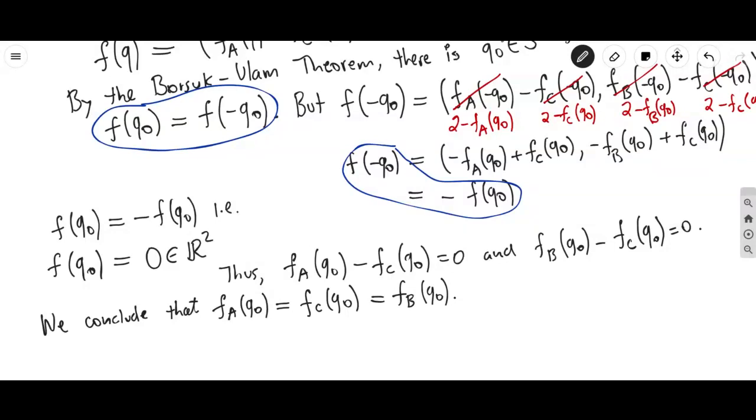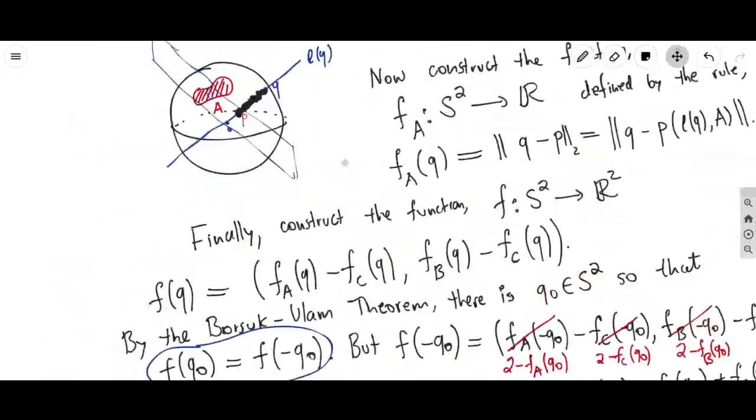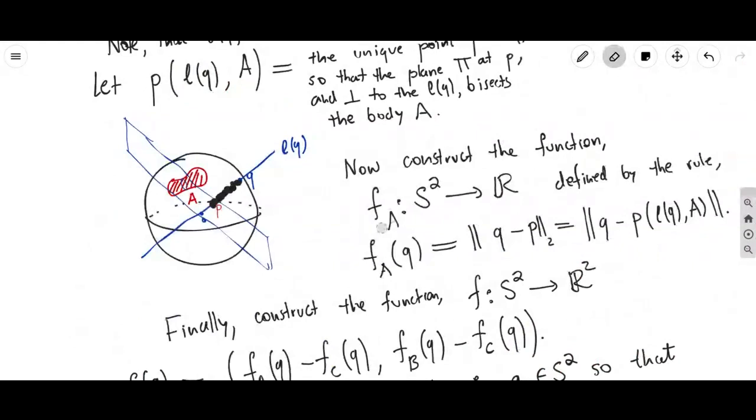And at this point, the proof is almost finished. You just have to recall what these functions represent. Let me scroll back up again so we remind how these functions are defined. So you have a body, A, sitting inside your two-dimensional sphere. And you have a point, so in this case we have Q, but we have one point Q0 for all three regions.